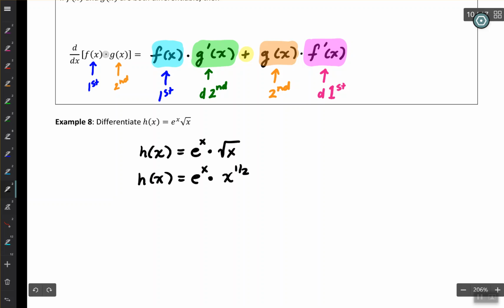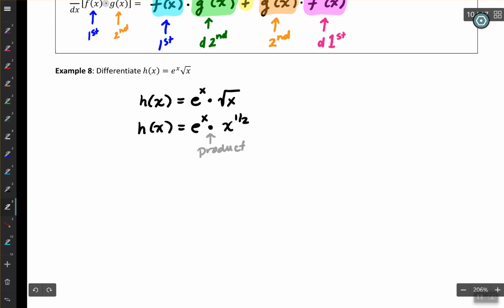That's helpful. But I need to see that we've got multiplication going on here. So I need product rule. With a lot of practice, you're going to just start jumping in and doing this, but since it's our first problem, I really think we should do some scratch work. So let's do that.